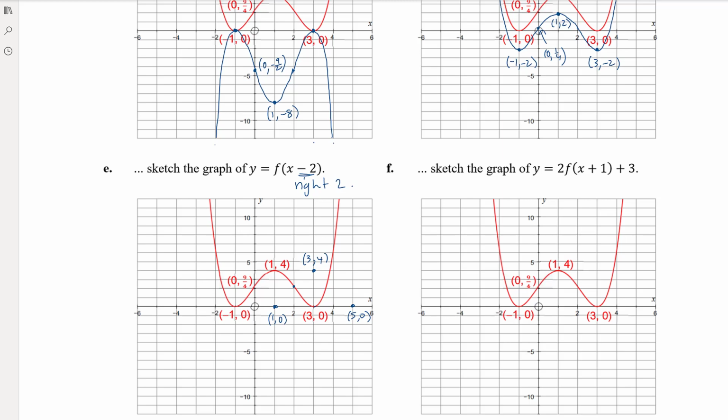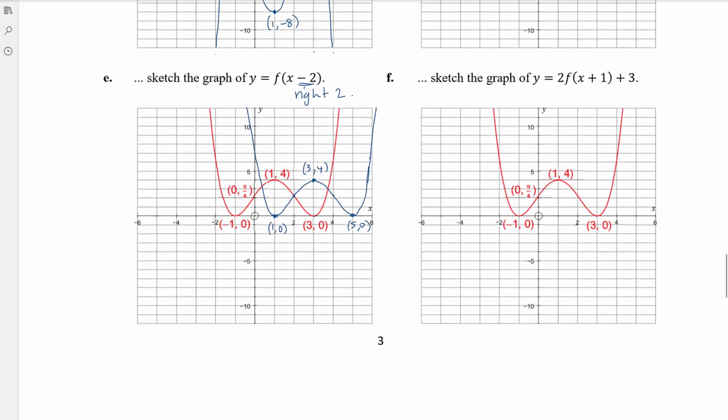And we can essentially draw in our graph. You might like to move another couple of points over just to give you a rough shape. Make sure it goes in a bit higher than that. So it is the same graph translated to the right by 2.